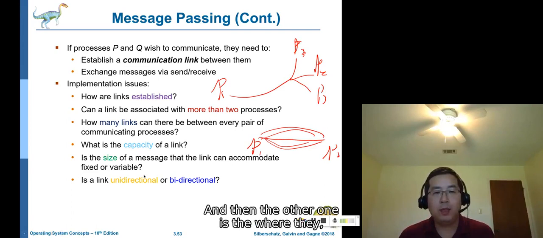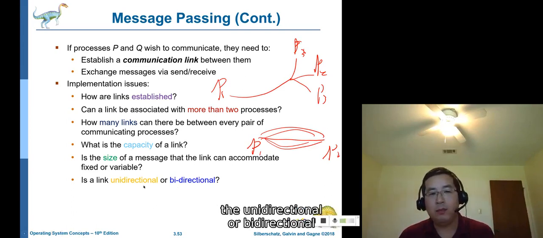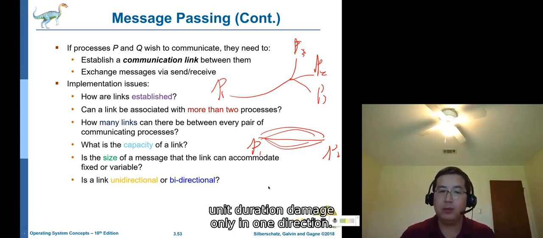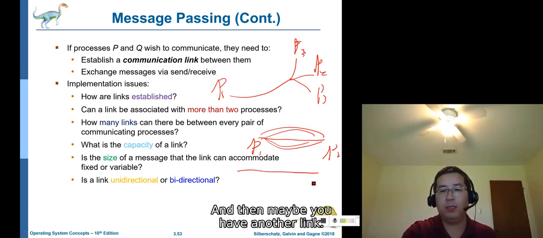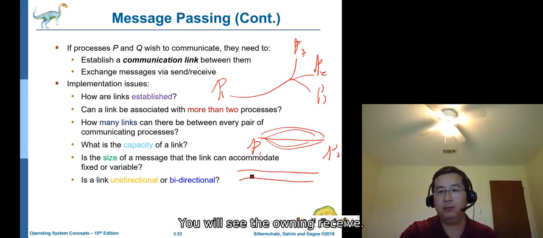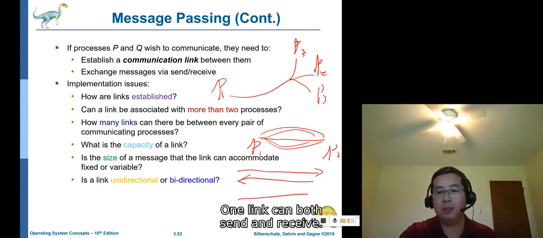And then the other one is whether it's unidirectional or bidirectional. Unidirectional means only one direction. You can only send, and then maybe you have another link which only receives. Or you can establish one link that can both send and receive.